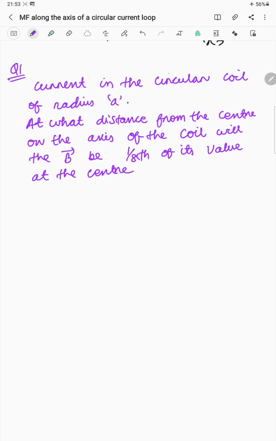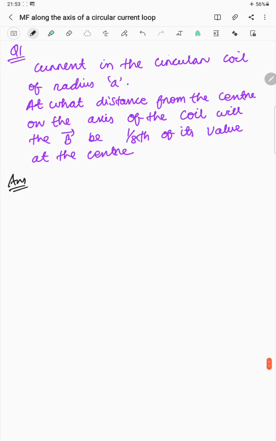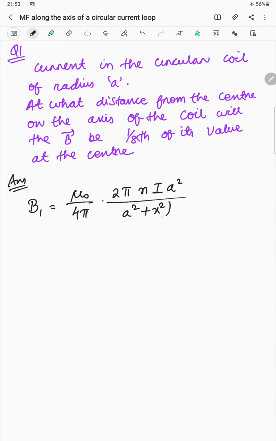I expect all of you to pause the video and try to solve it and see how much you get. If you are not able to, then see the solution which I am doing right now. The magnetic field at a point on the axis at a distance x from the center of the coil, which we just found, let me take as B1, will be mu naught by 4 pi into 2 pi n I a square divided by (a square plus x square) to the power 3 by 2.